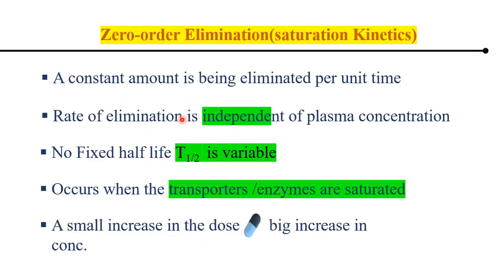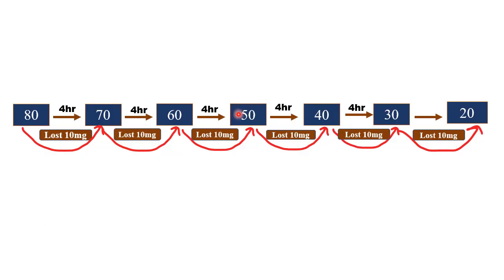Now let's discuss zero order elimination. This means a fixed amount of the drug is eliminated per unit time regardless of the concentration of the drug in the plasma. Let's understand with an example. You can see 80 mg converted into 70 mg in 4 hours.